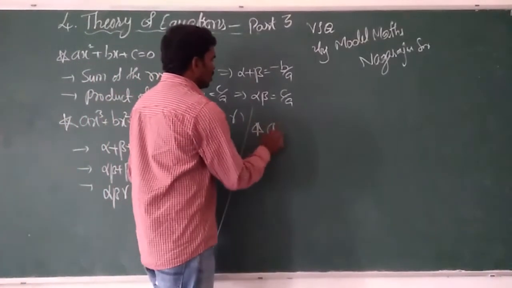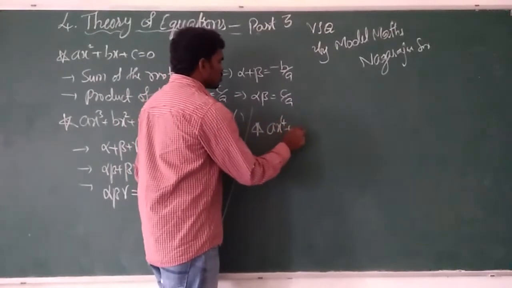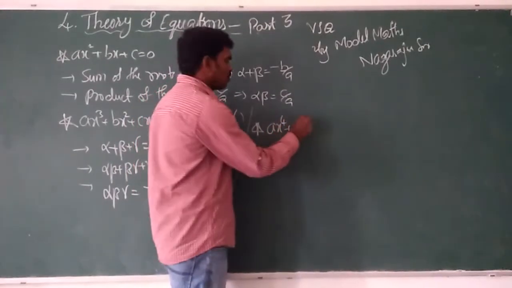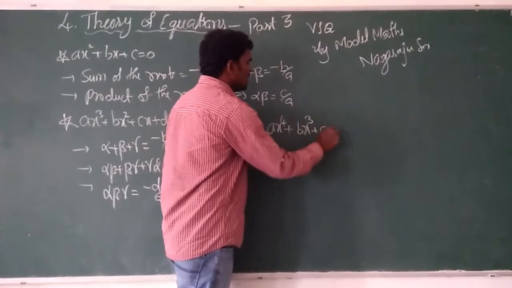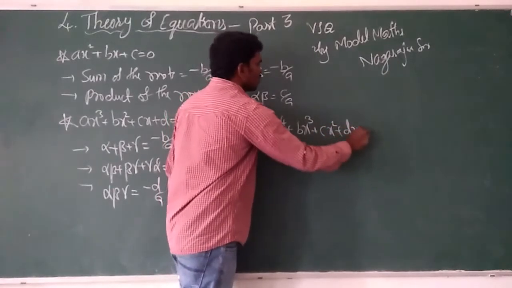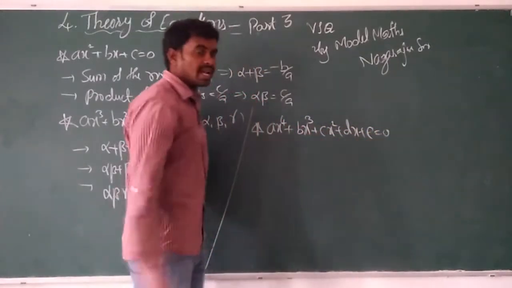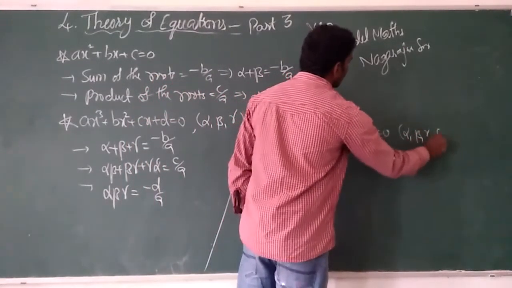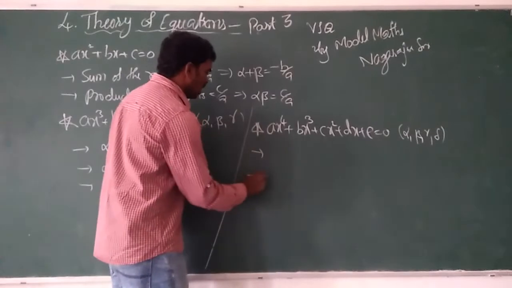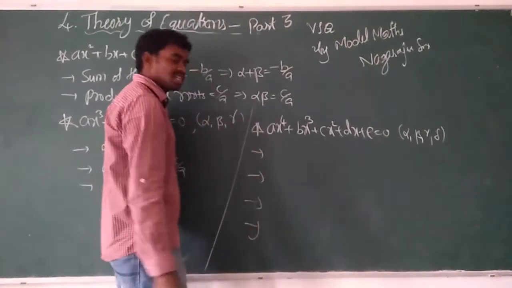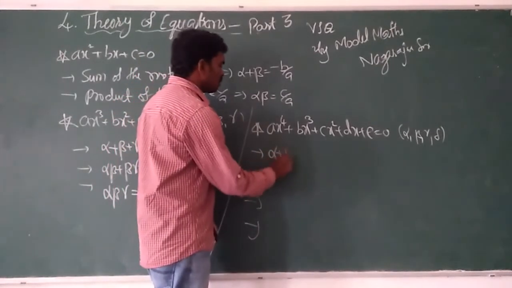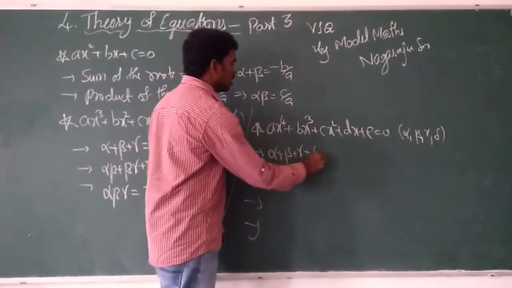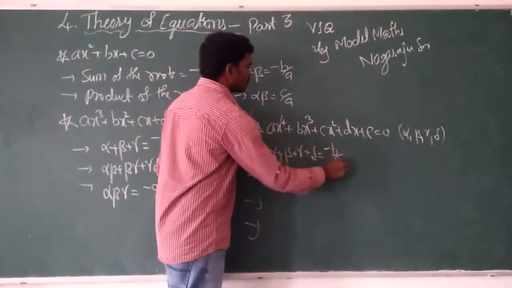Third condition, the biquadratic equation ax power 4 plus bx cube plus cx square plus dx plus e equal to 0. It has four roots: alpha, beta, gamma, delta. So then we have four conditions. One is the sum of the roots alpha plus beta plus gamma plus delta, that is minus b by a.